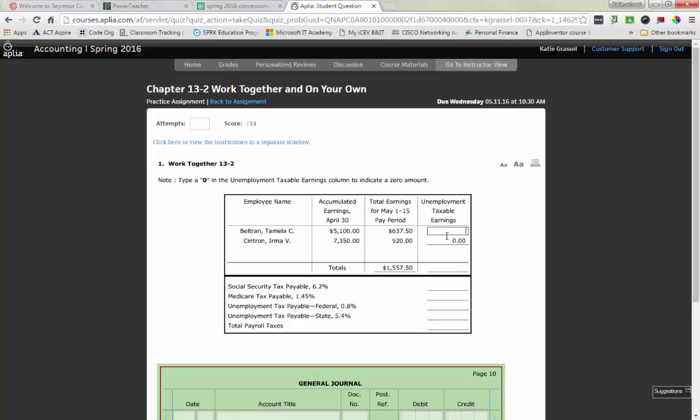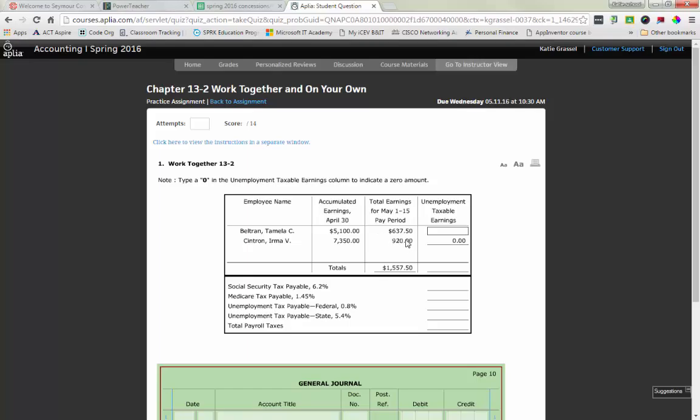Now when we take a look at Tamala, you will have an example in this chapter where you have somebody that would have partial earnings. So let's say that this was $6,900. How much tax would we pay? Only $100, right?